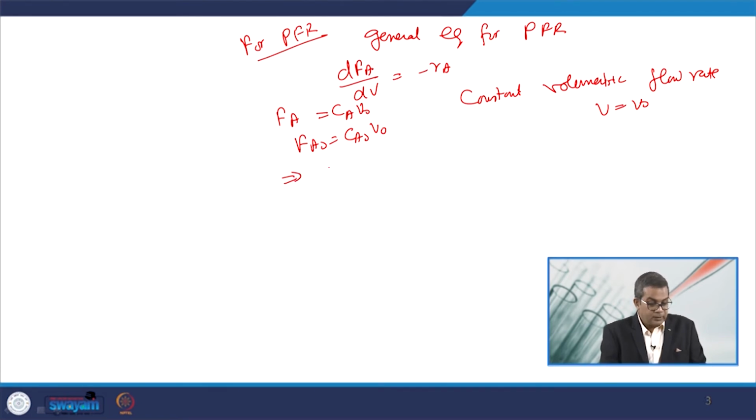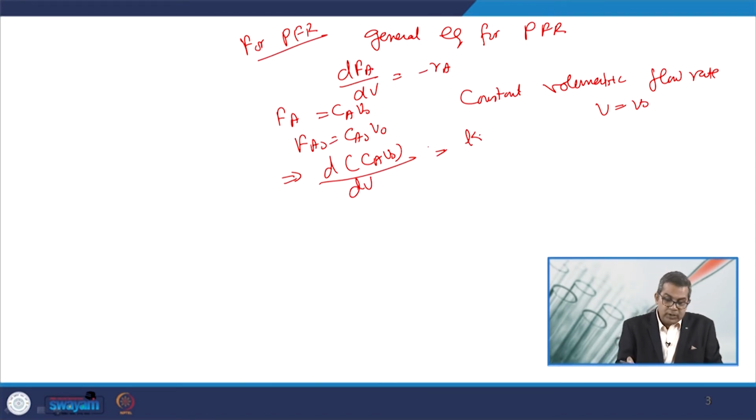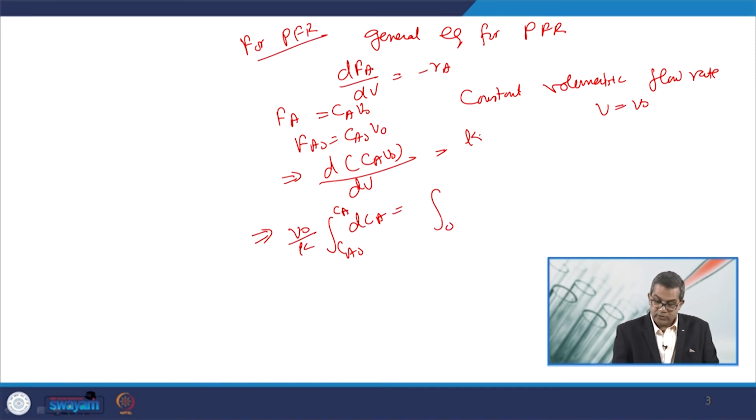Here d(Ca V naught) upon dV is equal to K. If we integrate both sides, we have V naught upon K integral from Ca naught to Ca of dCa, equal to integral from 0 to V of dV, and that comes out to be V naught over K times (Ca minus Ca naught), that is equal to V.